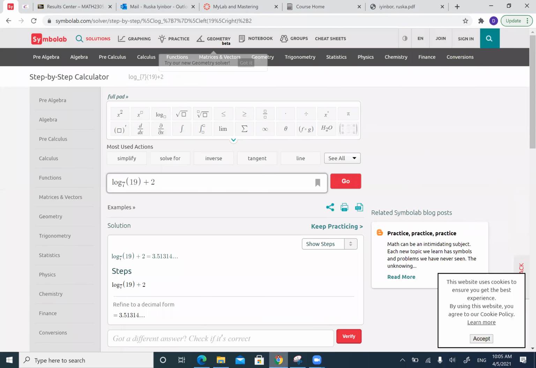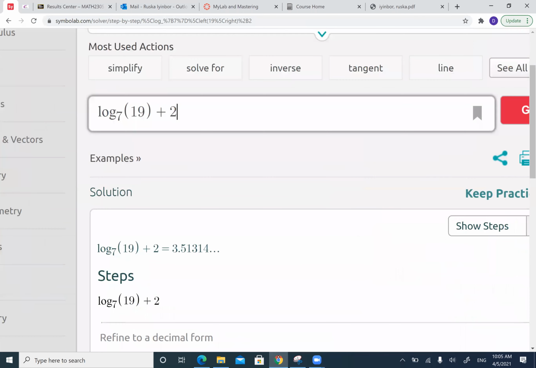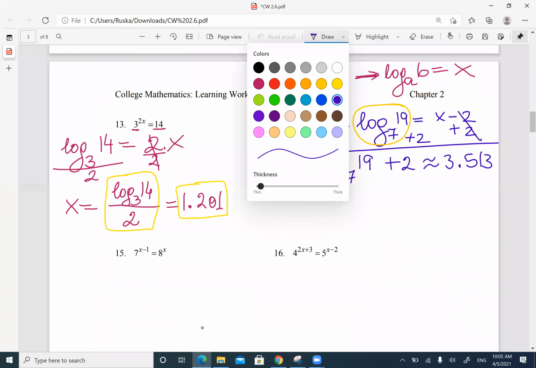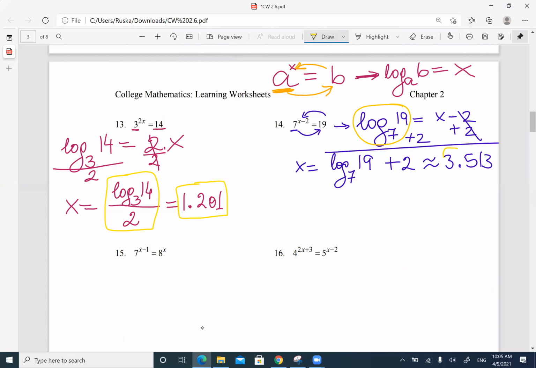And then we're going to get 3.513. I'm rounding to 3 decimals again. 3.513. Okay, so that's how you do it. So this is the rounded answer, and this is the exact solution.